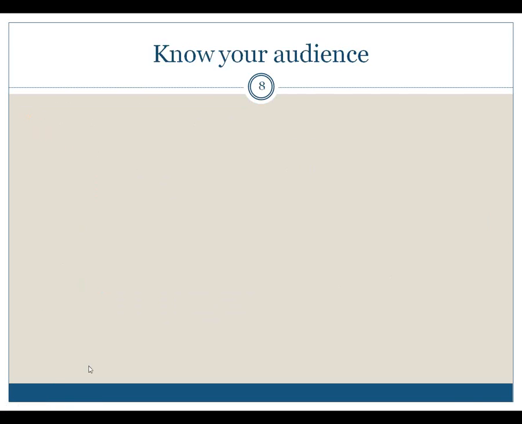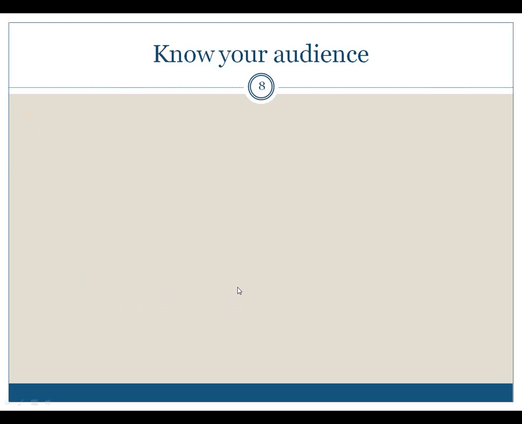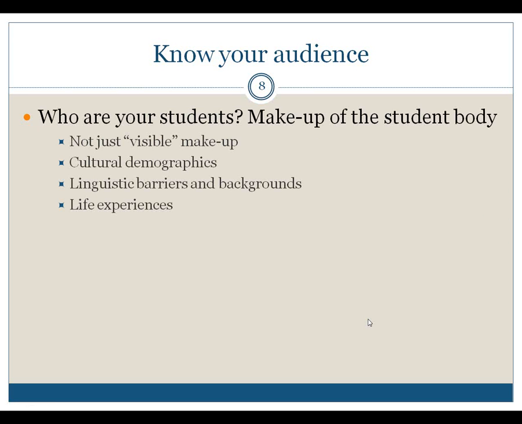And so I think that knowing your audience, knowing who your students are, is a critical part of this calculus about the tactics and strategies that you might use to deal with student resistance. And consider not just the demographic makeup of your student body, not just who they look like, but also other things.